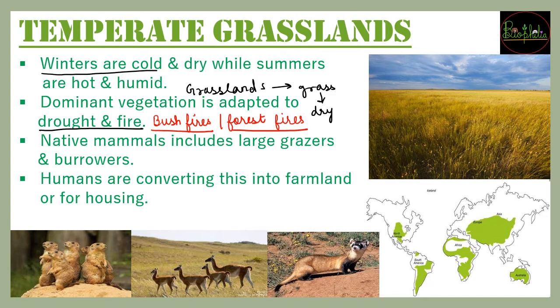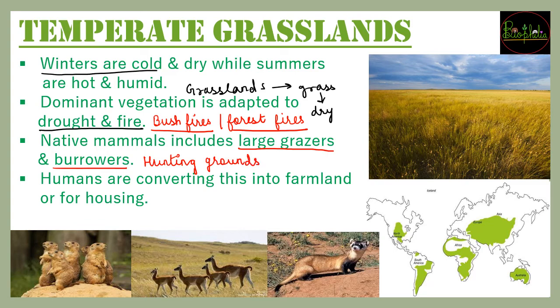So in such regions, that is temperate grasslands, the native mammals are going to be large grazers and burrowers. Grazers, that is herbivores, are going to come for grazing. So these are going to be very large hunting grounds, because for hunting purposes what do the carnivores need?